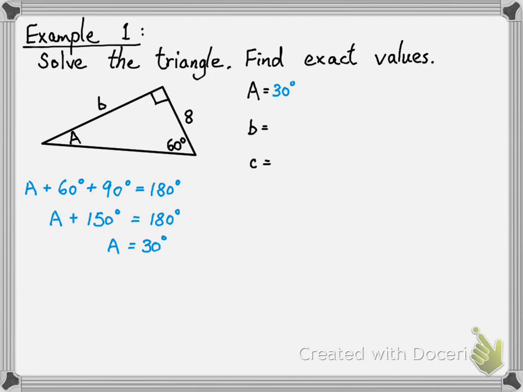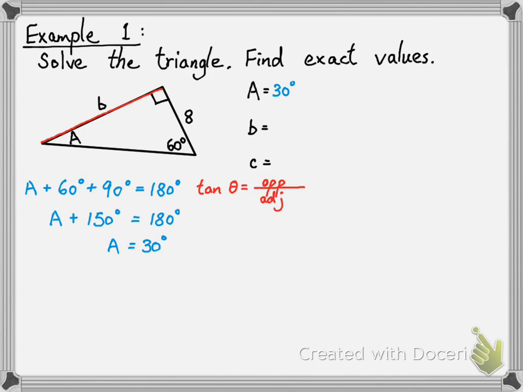Now we are going to find side B. Looking at side B, we think of what trigonometric function of the angle will use the opposite side and the adjacent side. Correct. Tangent. Let's recall, tangent theta, tangent of the angle equals opposite side over adjacent.